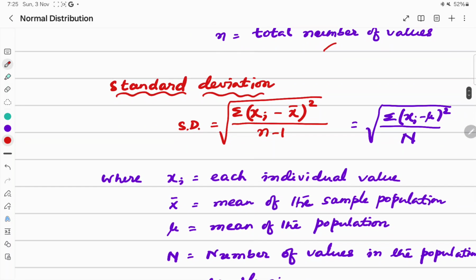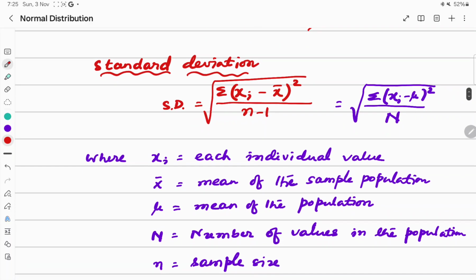And standard deviation we can calculate in case of a sample. If the sample size is less than 30, then it is the square root of the sum of the squares of each individual value minus the mean of the sample population, divided by n minus 1.